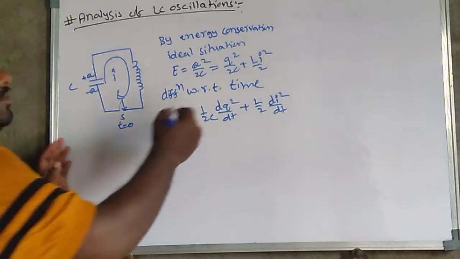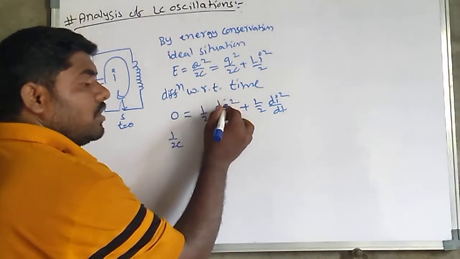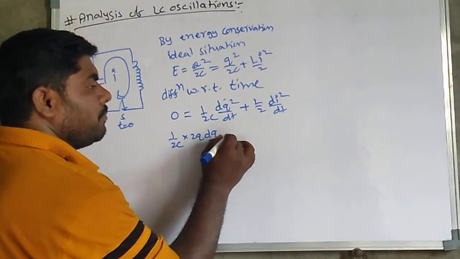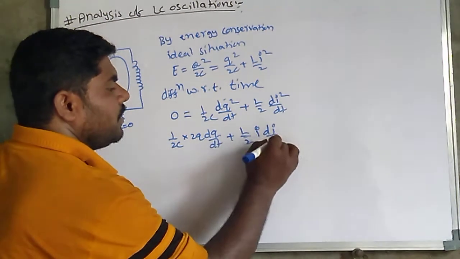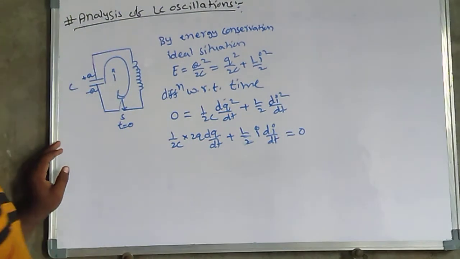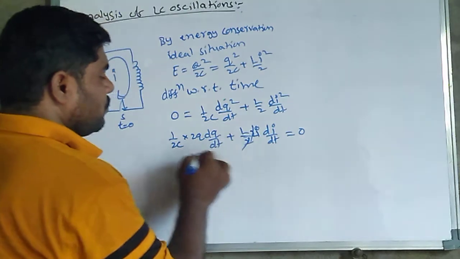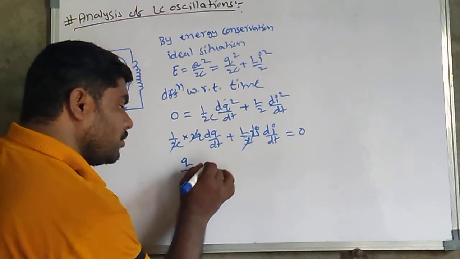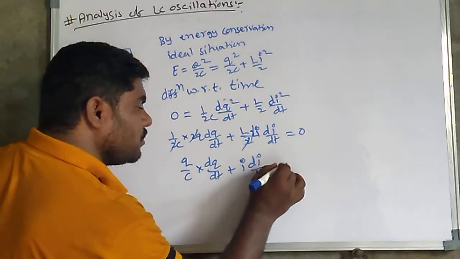Differentiating, it means 1 by 2C into 2q into dq by dt plus L by 2 into 2I into di by dt is equal to 0. dq by dt is nothing but I. The 2 gets cancelled, so the final value is q by C into dq by dt plus I into di by dt equals 0.